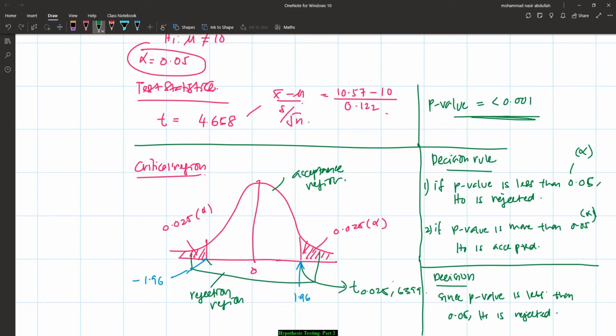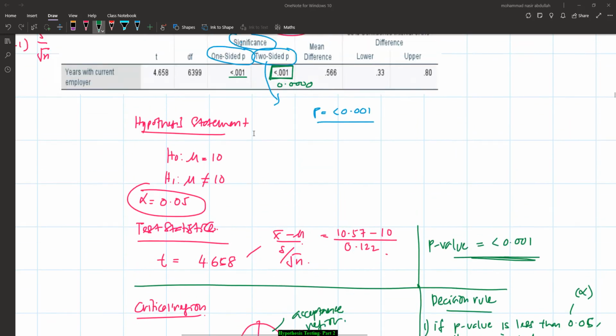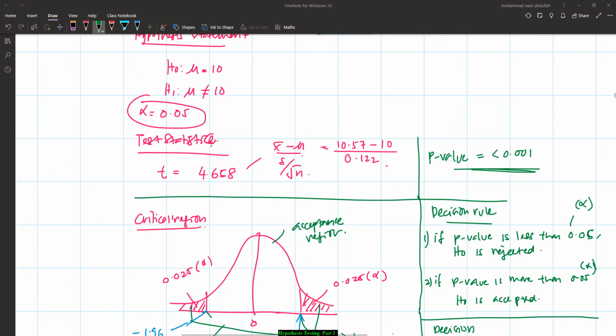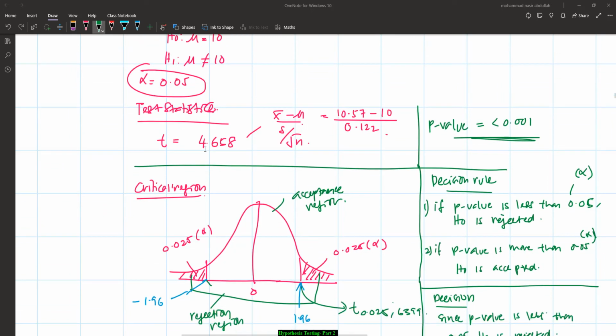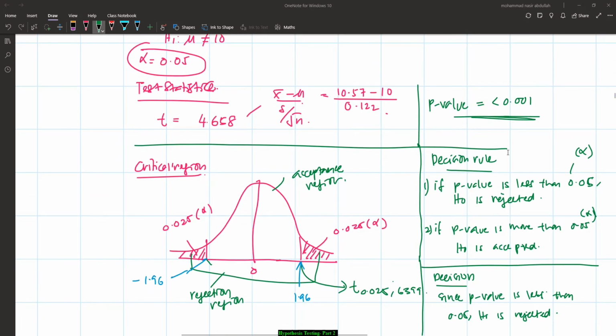Boleh? So this is a second option to conclude the hypothesis testing, right? So previously kita tengok just menggunakan critical region or test statistics. This is another option by looking at into a statistical software output lah.